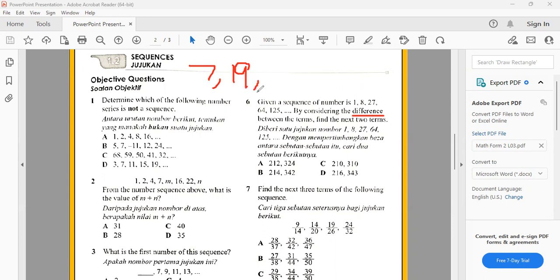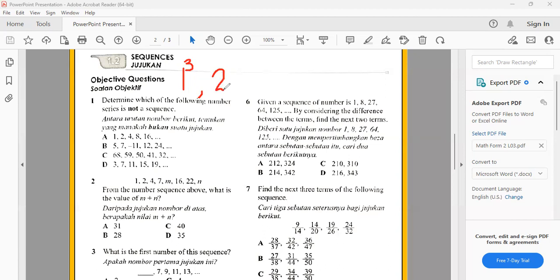I actually wouldn't want to do it this way because I already can see a pattern. In Form 1, you have learned cubed numbers. Just now we thought about squared numbers, right? So do you know what are cube numbers? For example, 1 to the power of 3 is 1.